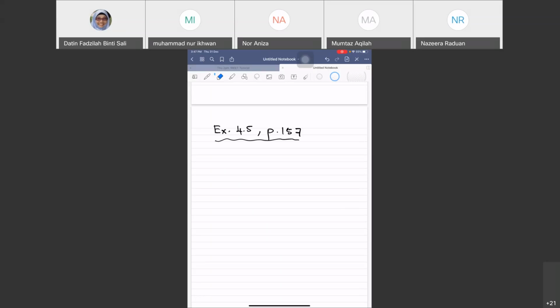This is just to find polar coordinates and rectangular coordinates. Question 1 is actually the complex number in polar form. So do numbers 2 and 3 first.